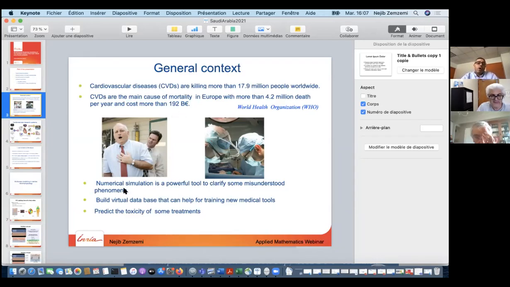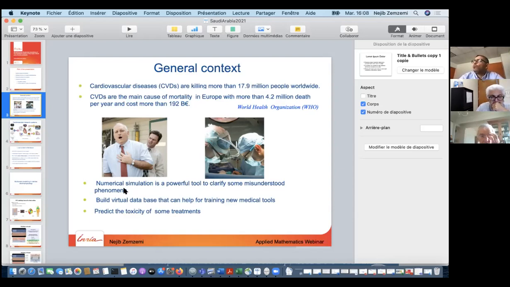So that's why there is a wide range of research in cardiac electrophysiology. Of course, in terms of medical research, technological research, but also in fundamental science. And in this context, we are working on numerical simulation. So why numerical simulation?